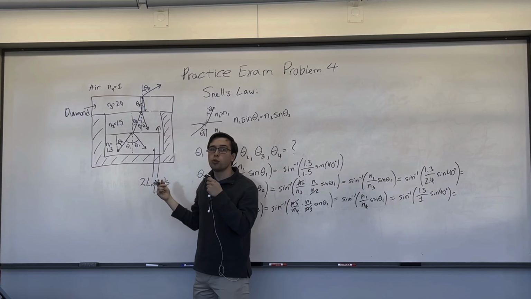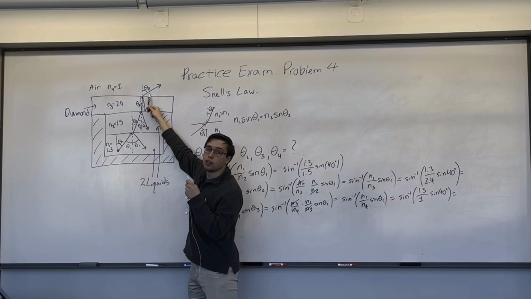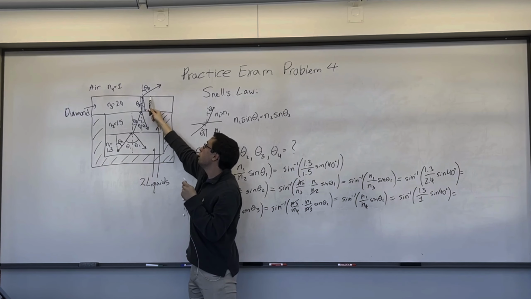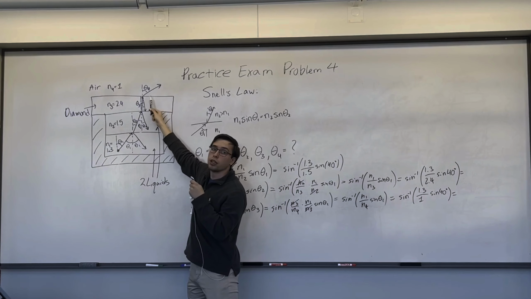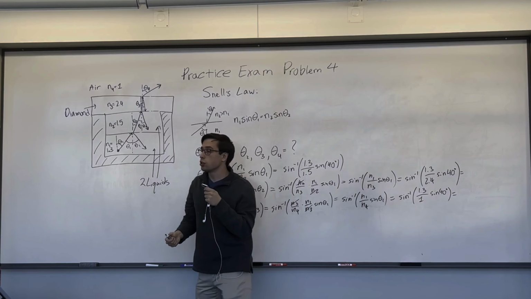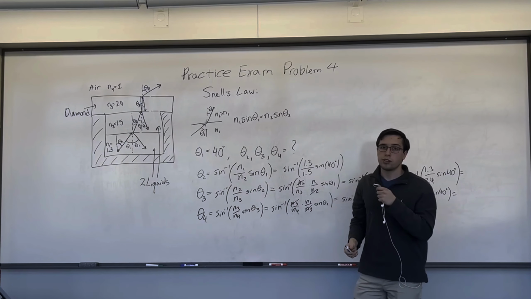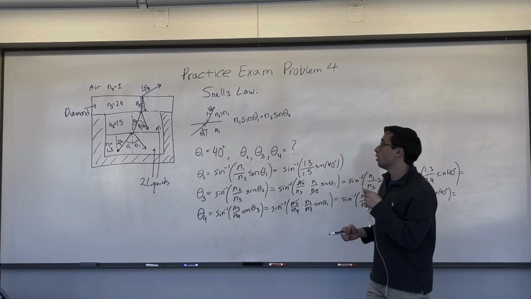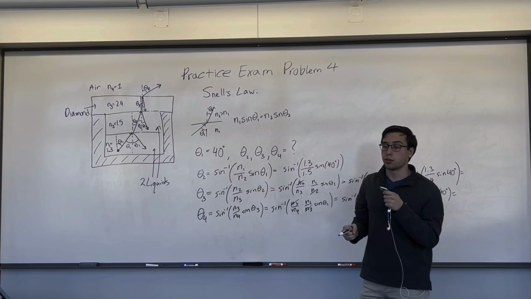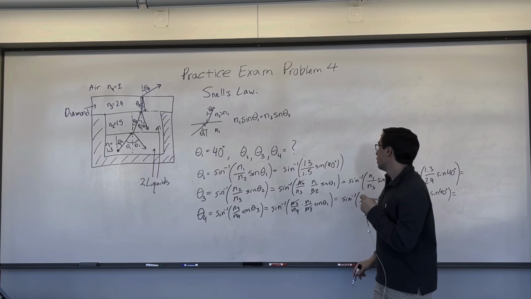And so at some point before theta 3 hits 90 degrees, this theta 4 will essentially exceed 90 degrees, and we won't have any light going out into the air. And that total internal reflection you might have seen in lecture is the process that allows us to use optical fibers, for example, to keep that light inside the fiber.